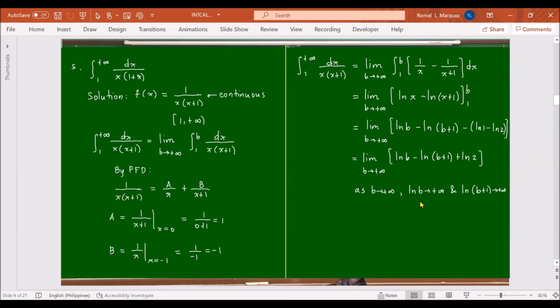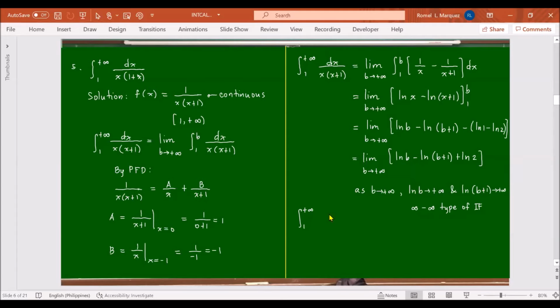So it means we have an infinity minus infinity type of indeterminate form. Hence, we have to express this limit in the form of either 0 over 0 or infinity over infinity.